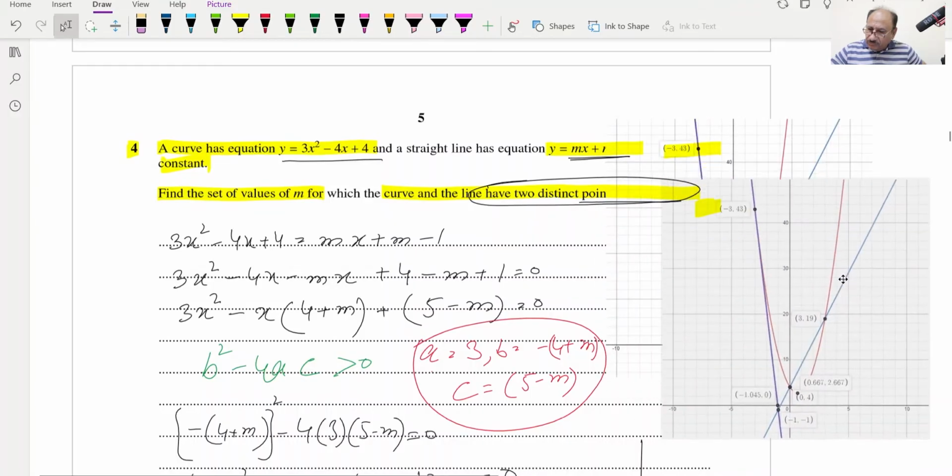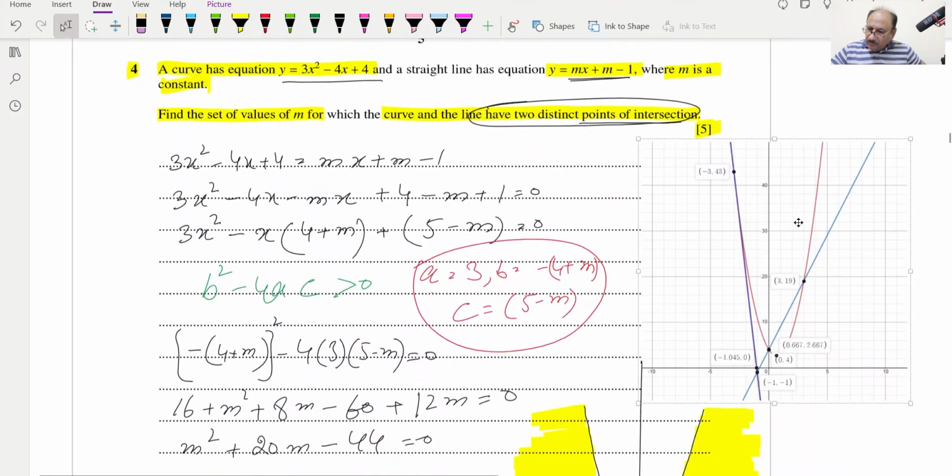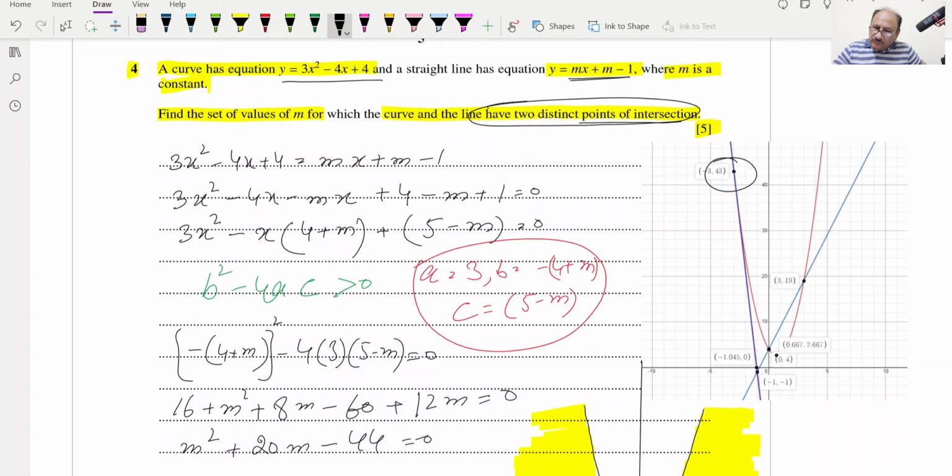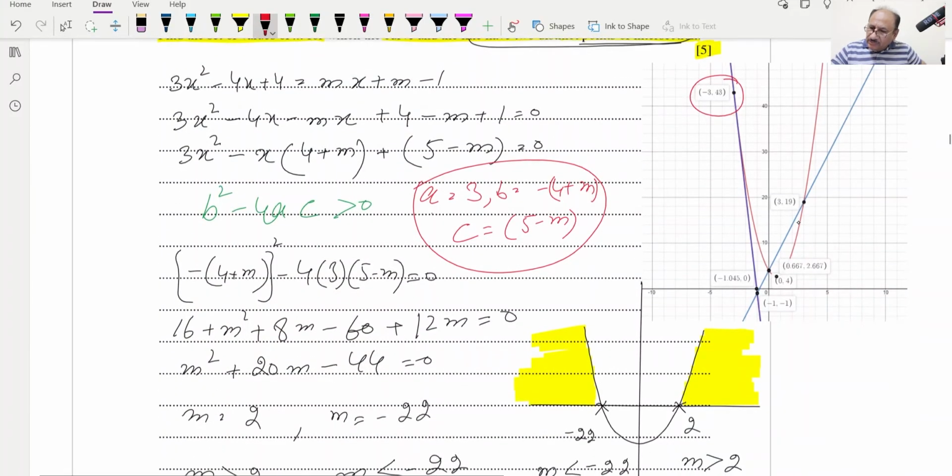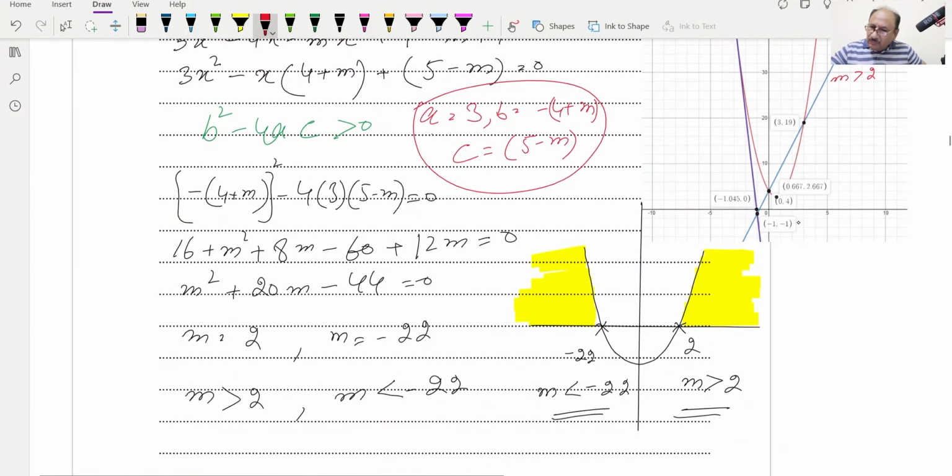And if you see over here, this one is the point of intersection of two curves when we are taking minus 22, and this is the line when we are taking m value greater than 2 and less than minus 22.